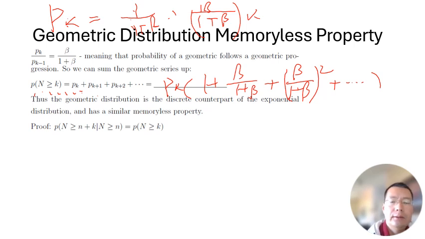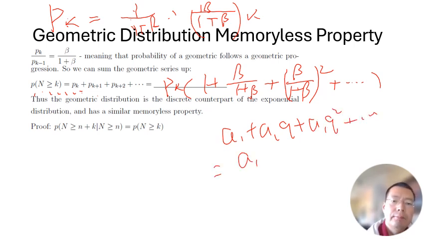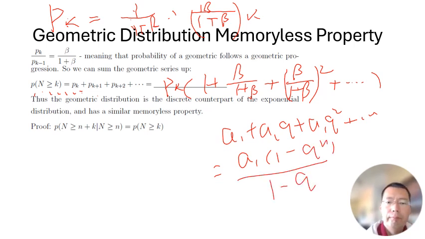In this case, we can utilize the formula for the geometric series, where a1 plus a1 q plus a1 q squared and so on would be a1 times 1 minus q to the n over 1 minus q. If this goes to infinity, then it really just becomes a1 over 1 minus q.